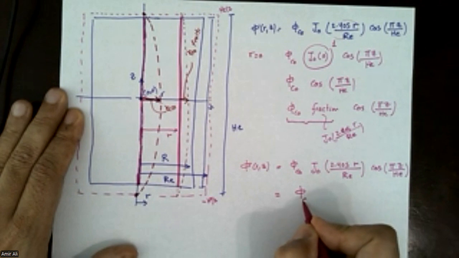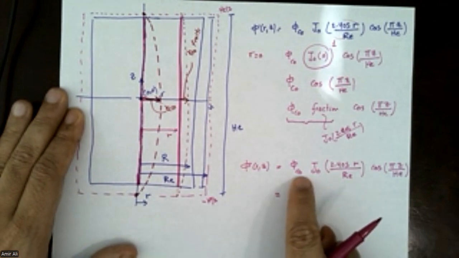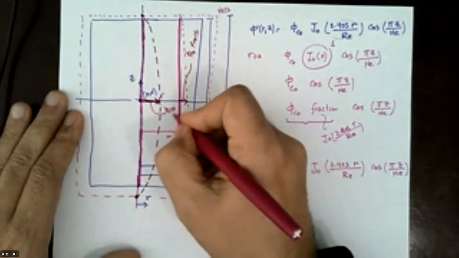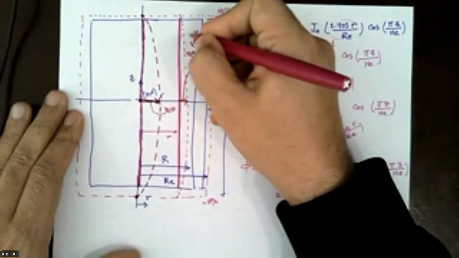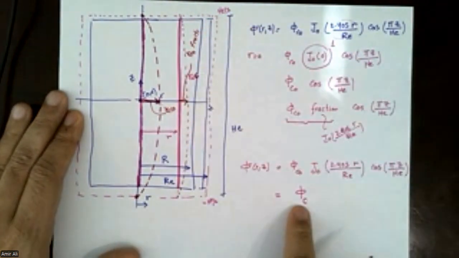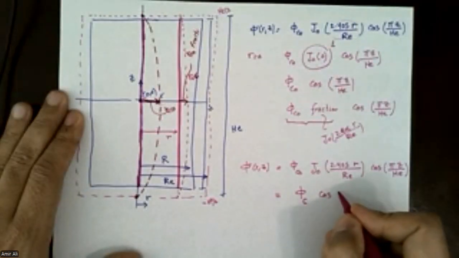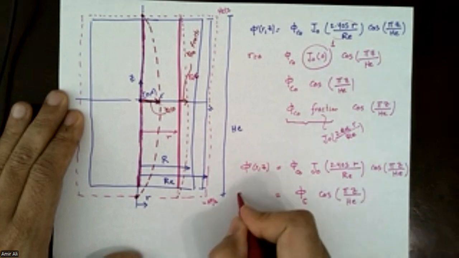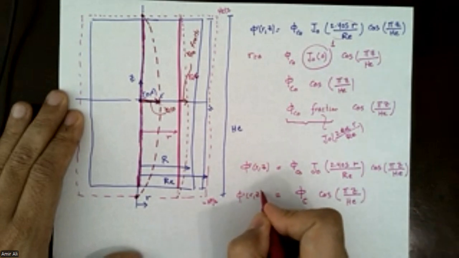Phi only C. So the subscript naught is for the core center. This is the amplitude away from the core center. So this is phi C naught, correct? This is phi C naught times a fraction. This is what I call phi C only. So that's my phi C times cosine of pi Z over H E. Please be careful when you deal with the two forms of the equation.